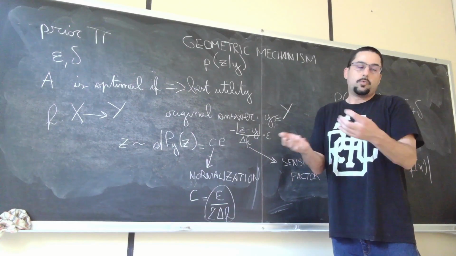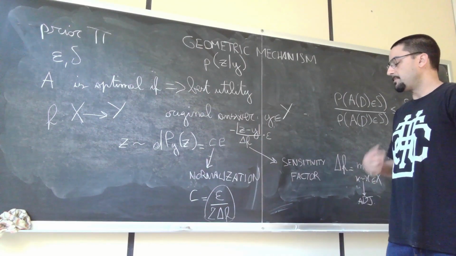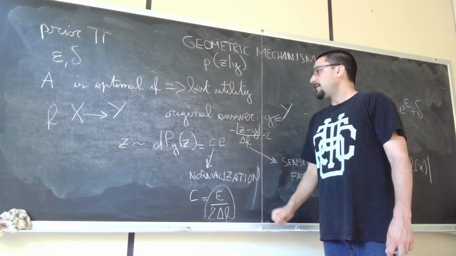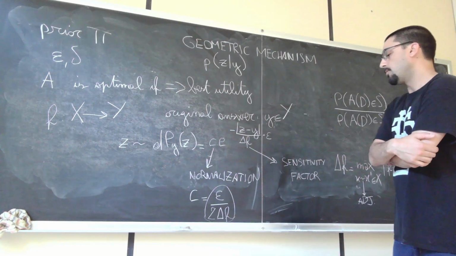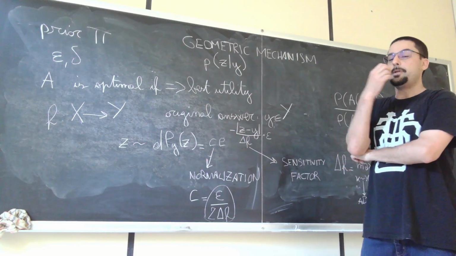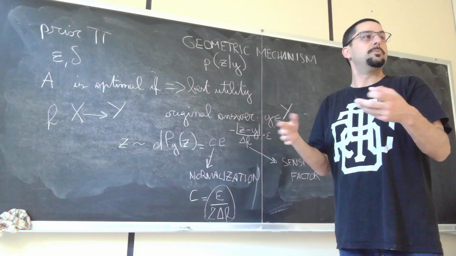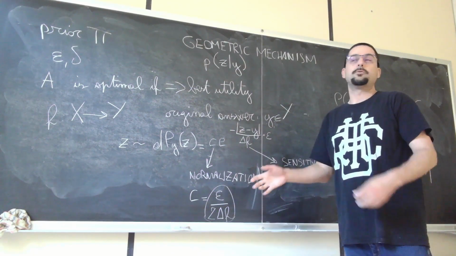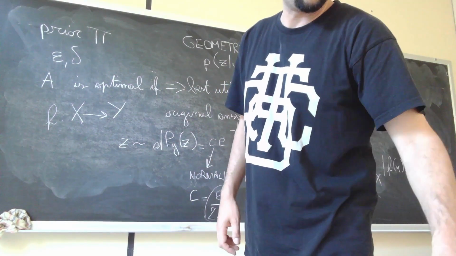It is easy to show, we are not going to show it now in a formal way, but you can look it up in the original paper by Dwork in 2006, that if you assume a Laplace distribution with those particular noise parameters, then the normalization factor is very easy to get. It has to do with the particular shape of the Laplace distribution. You can also do it with Gaussian or normal distributions, but the derivation of the sensitivity and normalization factors becomes more messy from the mathematical point of view.